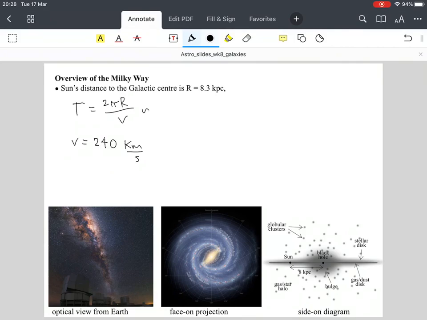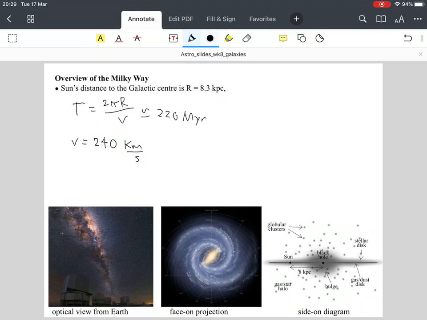And if you then do your unit conversion, you end up with about 220 million years for the time it takes to orbit all the way around the galaxy.